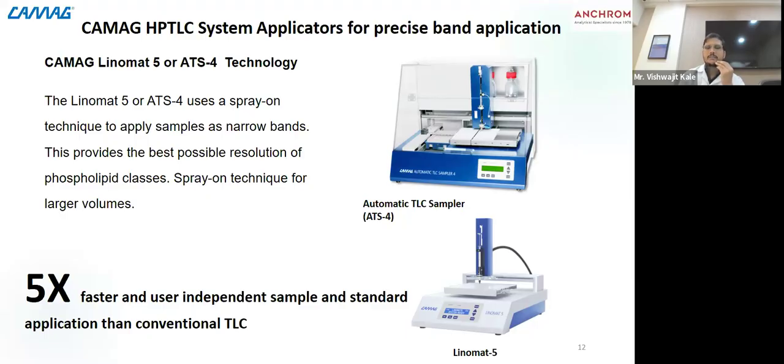Generally in manual TLC, we apply samples and standards in the form of spots. But by using HPTLC applicators, we can apply an exact volume of sample and standard in the form of bands. Band-wise application with the spray-on technique plays a crucial role in increasing the quantification accuracy in phospholipid analysis.